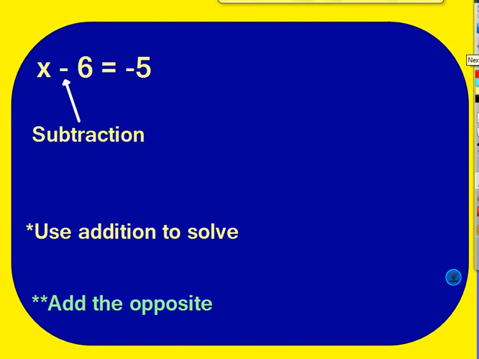The next example illustrates subtraction in the problem. You will use addition to remove the subtraction. X minus 6 equals -5. I am going to add 6 to both sides to solve, because 6 is the opposite of negative 6.